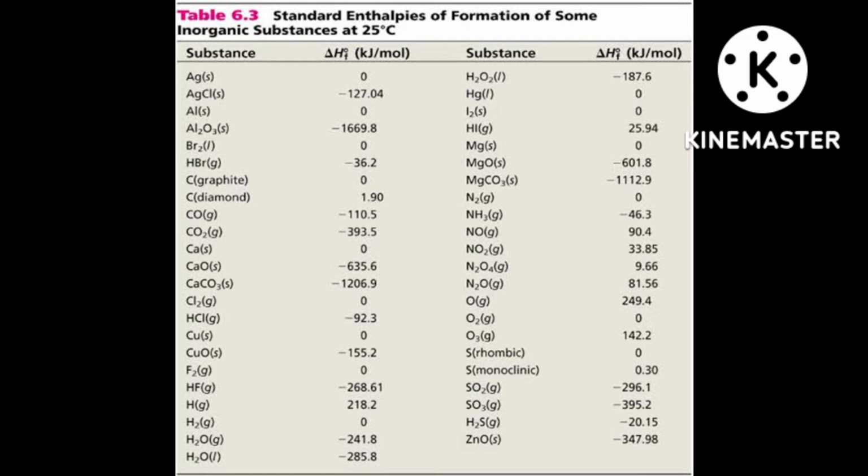It looks like a gas would be unstable, but no. Silicon tetrachloride is stronger because its delta H value is negative, minus 657 kilojoule per mole. But for magnesium oxide it is 601.70 kilojoule per mole.